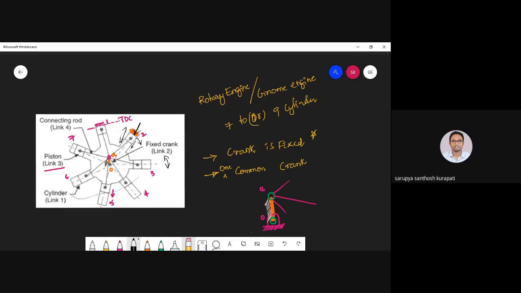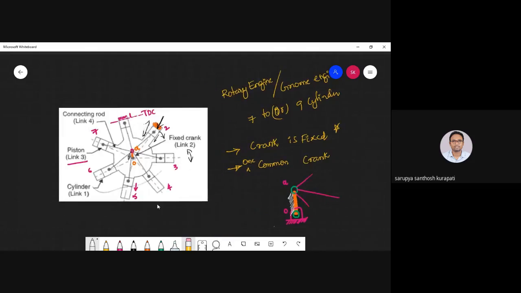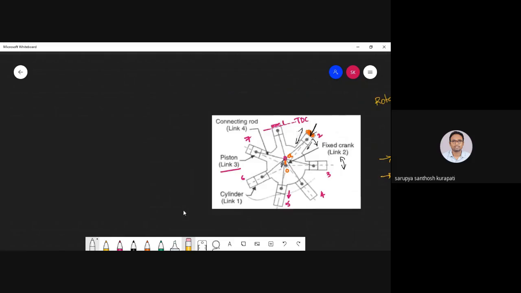If the combustion is going to take place inside the cylinder, input force comes on the piston. Please do remember these points. I'm going to write here. First point: combustion takes place inside the cylinder.